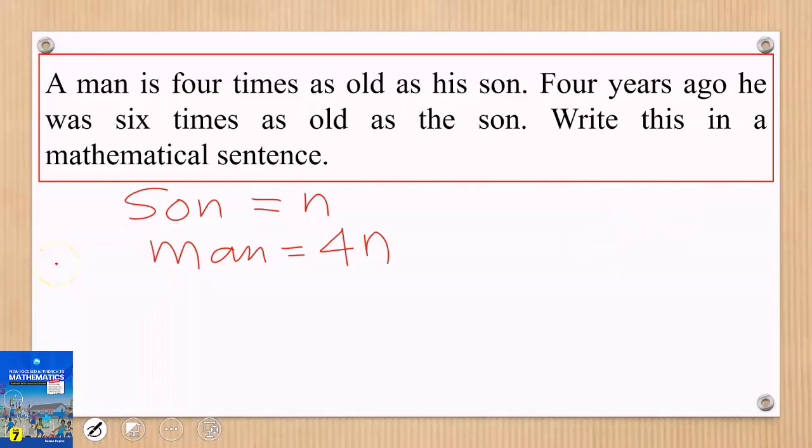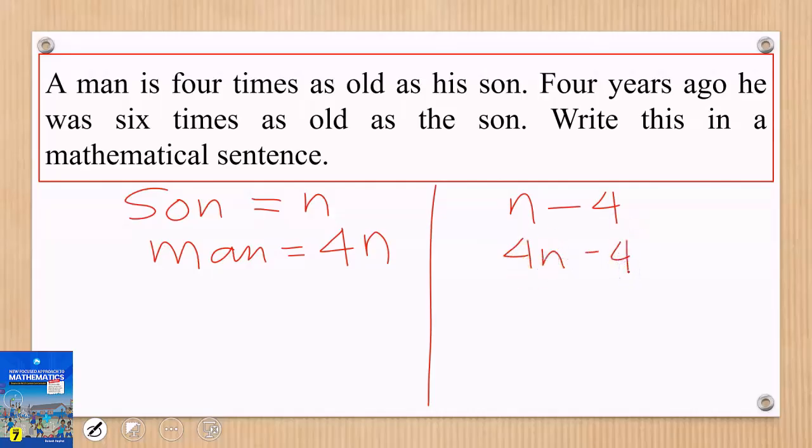Now today the son is n years. The man will be 4 times n. 4 years back, the son was n minus 4. And the man will be 4n minus 4.